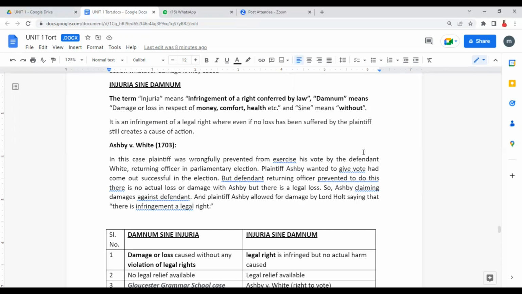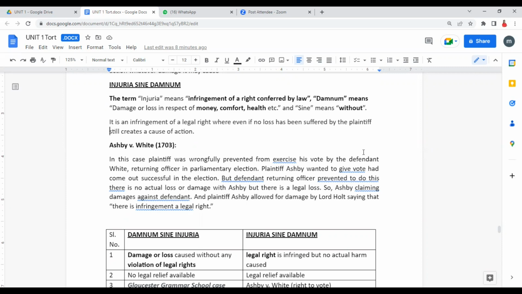So what happened in this case, AIBE versus White, is there was one person who was a qualified voter, as in he was entitled to give his vote. Before going to vote, he decided that this is the candidate for whom he wanted to vote because he wanted him to win the election.